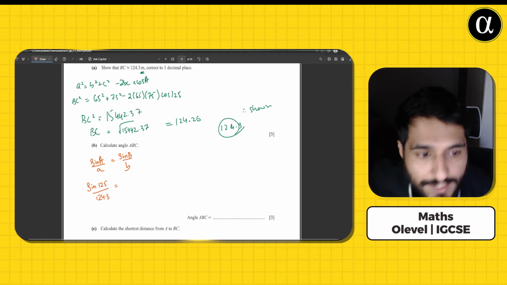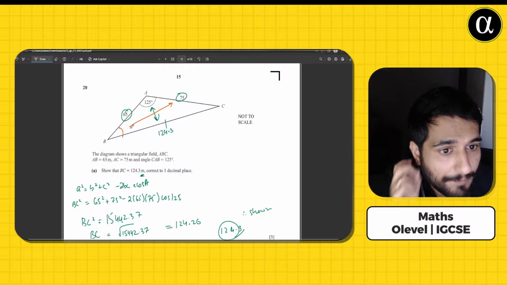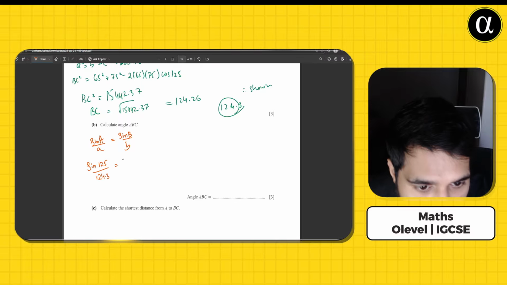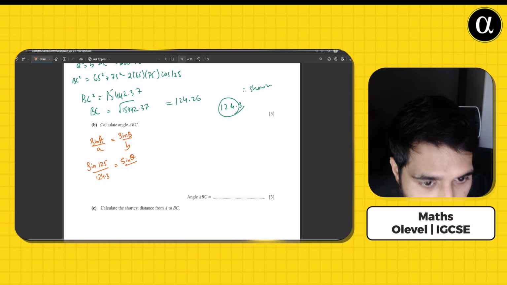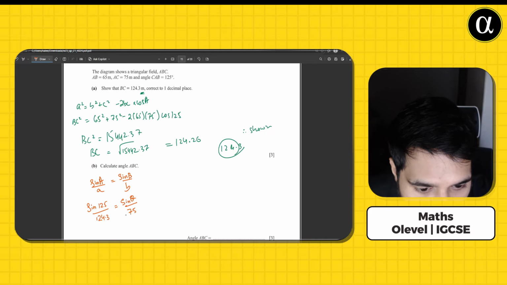is equal to sine of B. Do we know this angle? We need to find this angle, right? So it's sine of theta over the length b, which is going to be 75, and we multiply 75 on the other side.